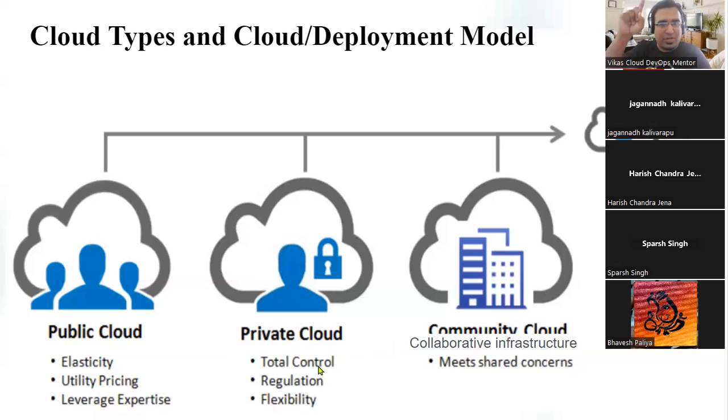Whatever logic, whatever networking we want to define, we can create it here. How big or small the size is, we can change everything. We can create our own regulations. We have flexibility: how many resources we put in, when we put them in, when we remove them. Everything is in our control. That's why we are creating our private cloud, and every company is using the private cloud.